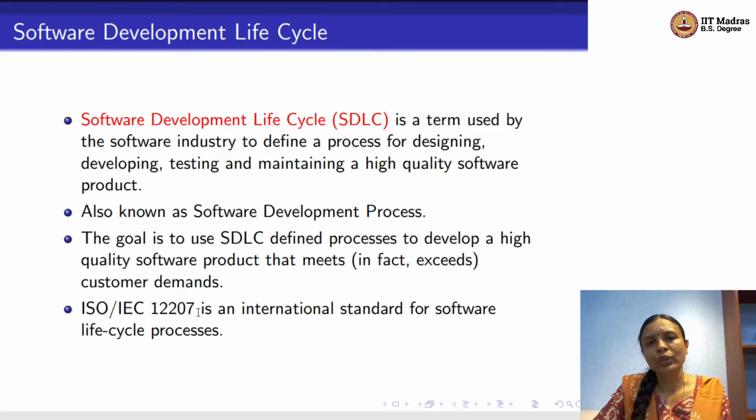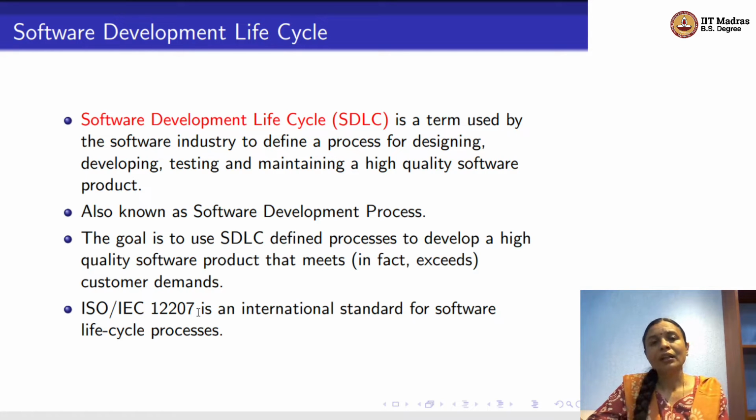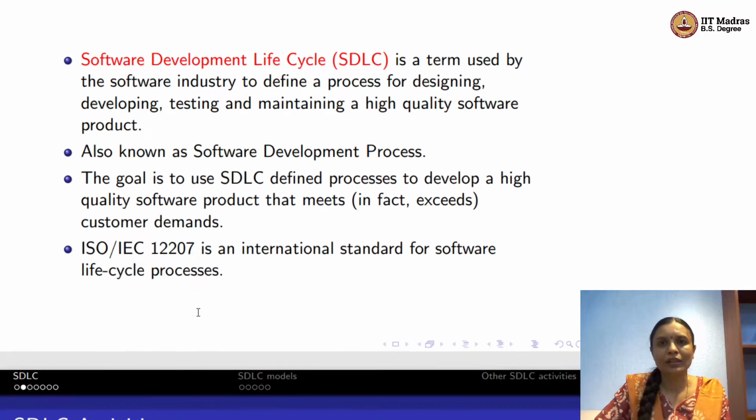Feel free to go through it to the extent that you can get it from open sources. You will get to know what these standards are and how they define these software development processes. Many companies, especially the large-scale companies, tend to follow these kinds of standards to be able to define the software development lifecycle processes within their organizations. These standards help them to do that.